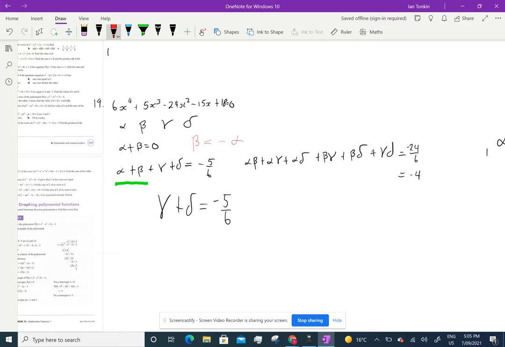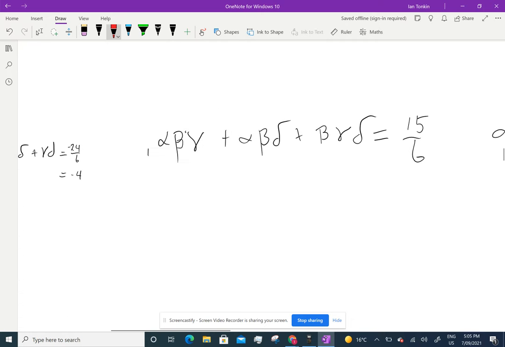So what I'm going to do, I think I've left one out here. Alpha, beta, gamma, alpha, beta, delta. Oh, I forgot alpha, gamma, delta. So let's put that one in.